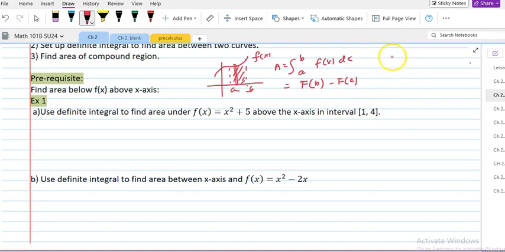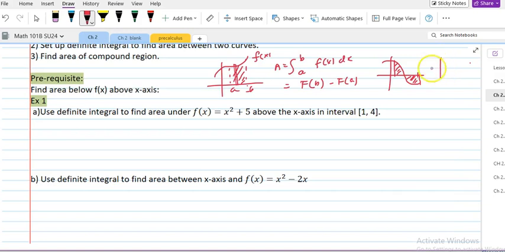Now, if your function f actually falls below, like for example, this is a to b, but there's some part that falls below the x-axis, you would need to recognize that this is negative, and then take the absolute value, so you will add the top and the bottom.